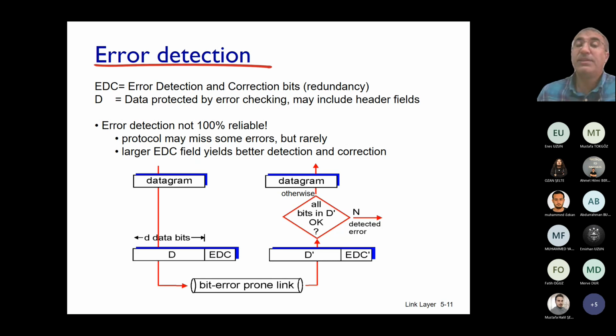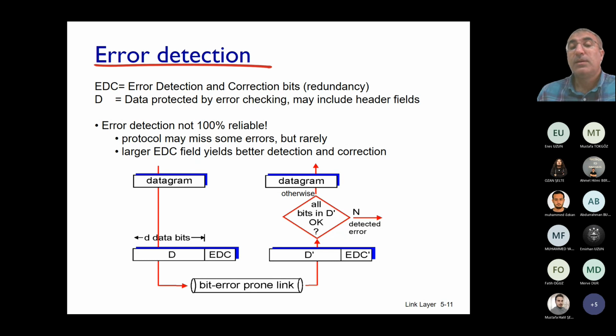First of all, this error detection, of course, is not 100% reliable. So it cannot detect all the erroneous bits. Sometimes it may miss some of the errors, but rarely, okay?